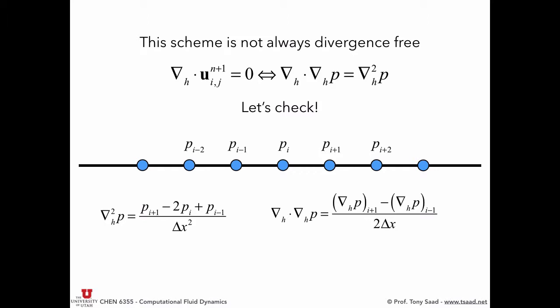Now what is grad p_{i+1}? It's p_{i+2} minus p_i over 2 delta x, right? And same thing for p_{i-1}, it's p_i minus p_{i-2} over 2 delta x. So that gives you that div grad p is p_{i+2} minus 2p_i plus p_{i-2}. Look at how we ripped apart the stencil.